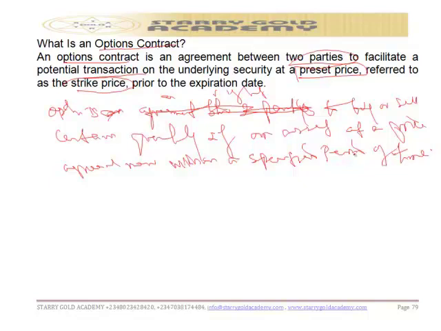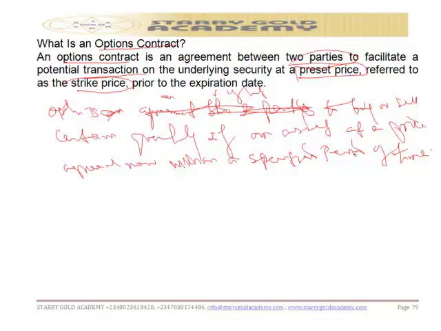That is what we mean by option itself. So the option contract on its own is what we now call the agreement. You can see the difference between the option and option contract.